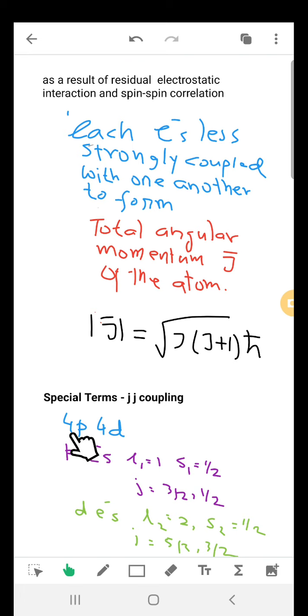For example, if it is a 4p and 4d state, so for the p electrons we'll have L is equal to 1, and for the first electron S is 1 by 2, and so the J will be 1 plus 1 by 2 and 1 minus 1 by 2, so that makes two values of J, 3 by 2 and 1 by 2. Similarly for the d electron, when L2 is equal to 2 and S2 remains 1 by 2, it will be 5 by 2 and 3 by 2.